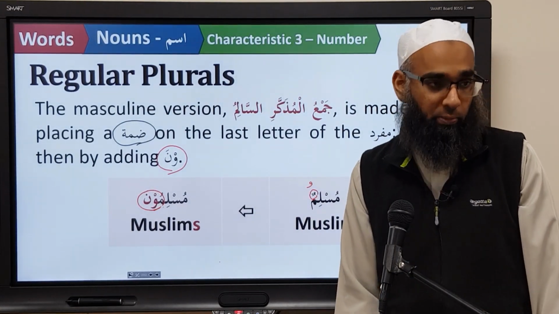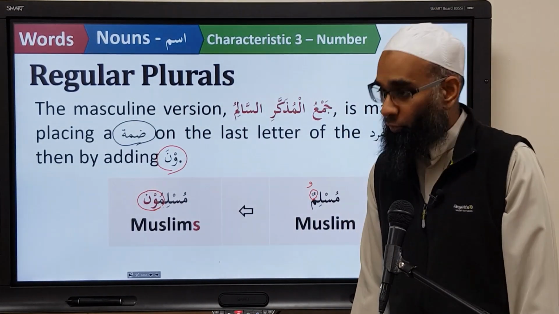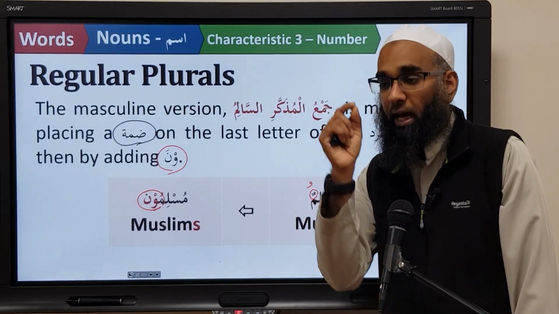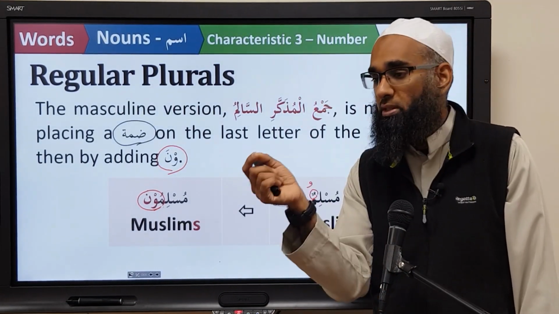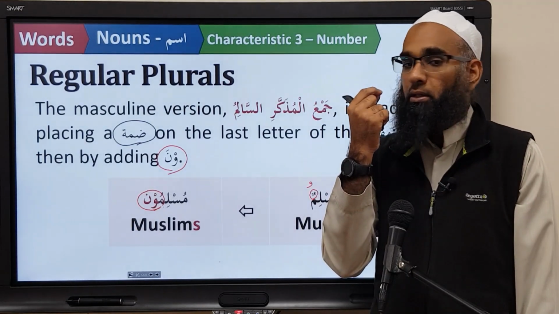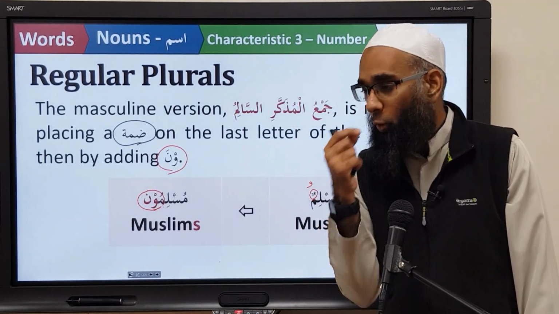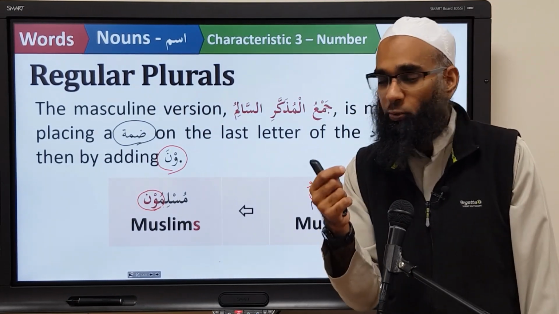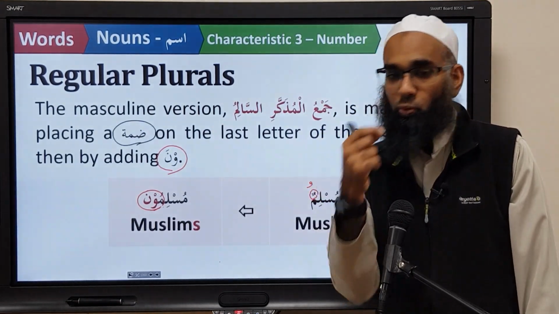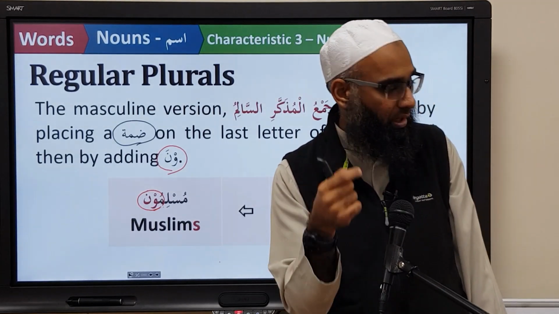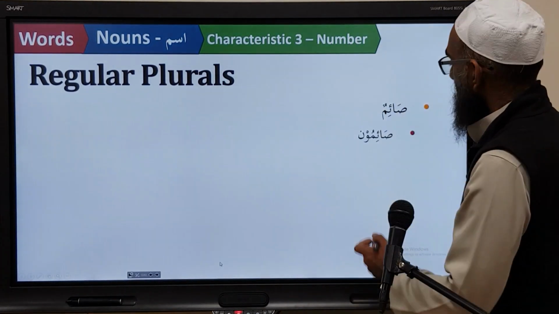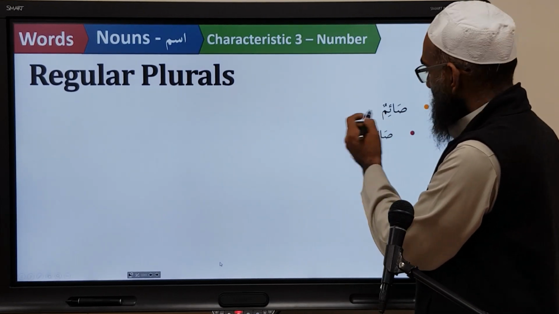So if you have a masculine word and you want to make it plural, put a dhamma and add waw and noon. Muslimuna. Salihun, salihuna. Jalisun, jalisuna. Sa'imun, sa'imuna.